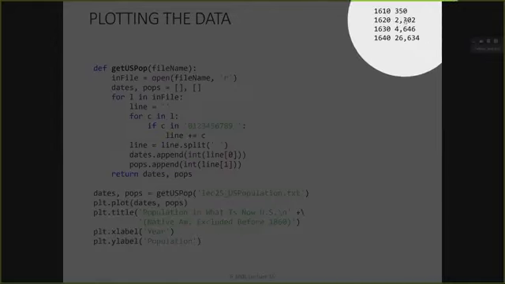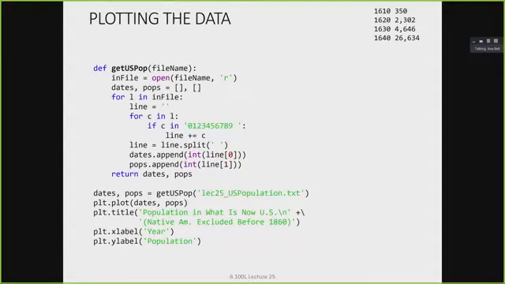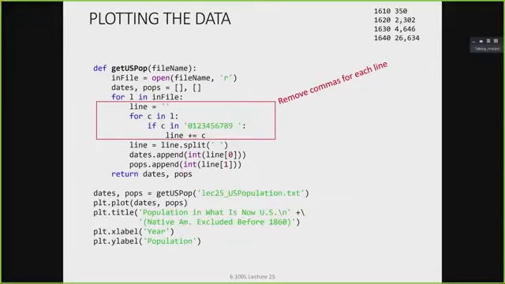So what that means for us is we're going to have to take this string, each line being the string, 1640 space 26,634, something like that, and somehow separate it so that we have the date and then the number of the population, and then somehow save those two pieces to lists.